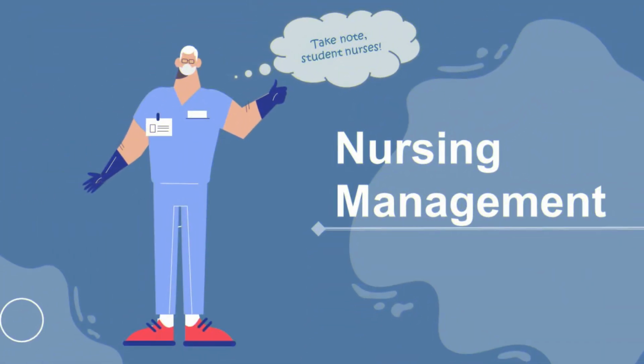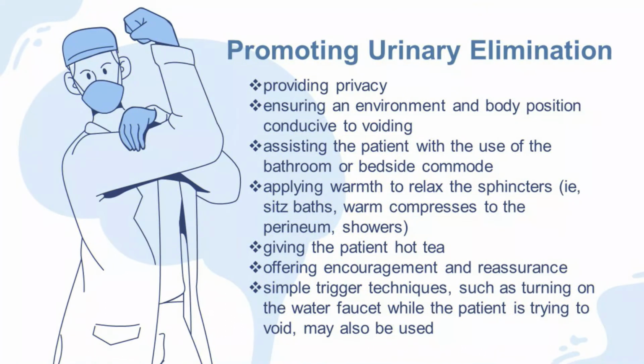The following are nursing managements. The first nursing management is promoting urinary elimination: providing privacy, ensuring an environment and body position conducive to voiding, assisting the patient with the use of the bathroom or bedside commode, applying warmth to relax the sphincters, for example, sitz baths, warm compresses to the perineum, or showers, giving the patient hot tea, offering encouragement or reassurance.